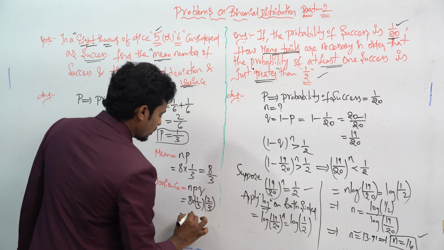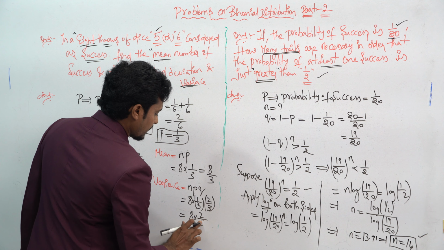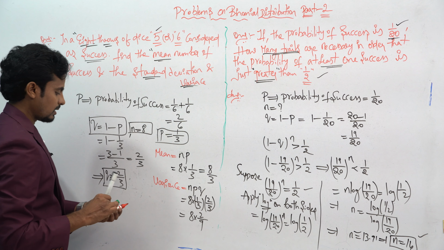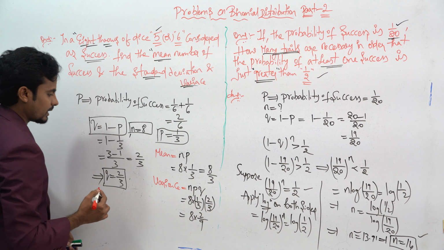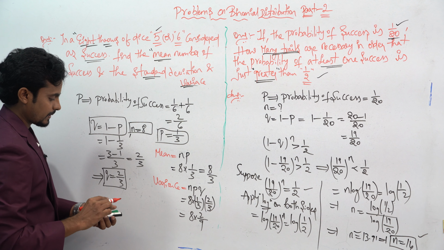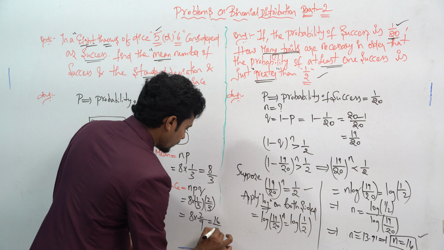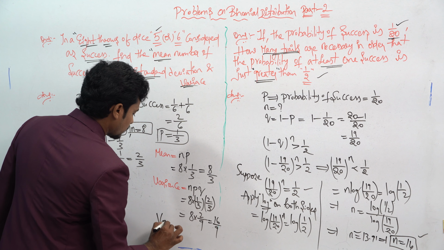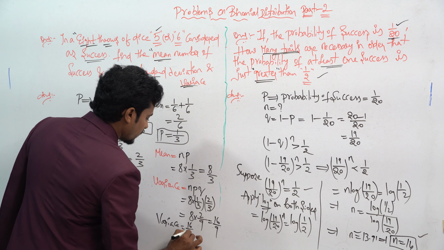This will become 8 times 2/9, that is 16/9. Variance is equal to 16/9.